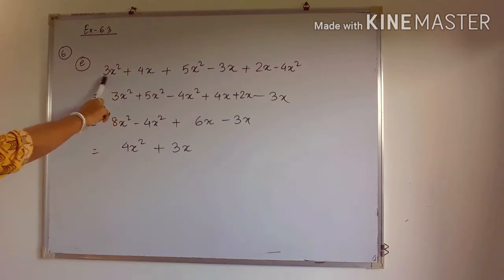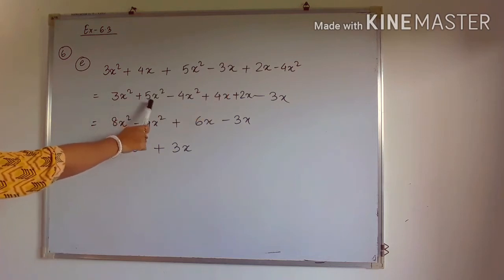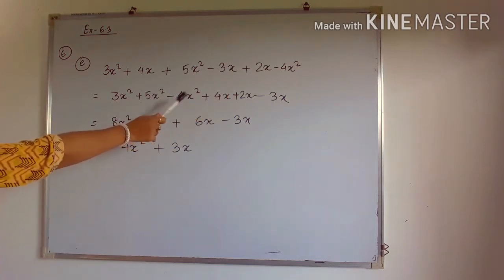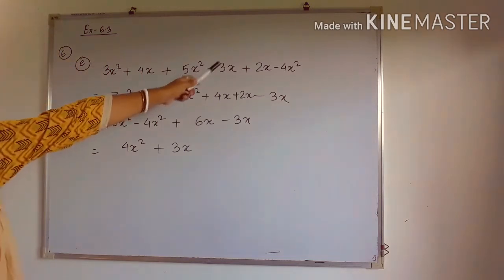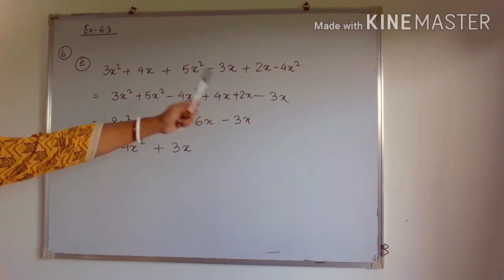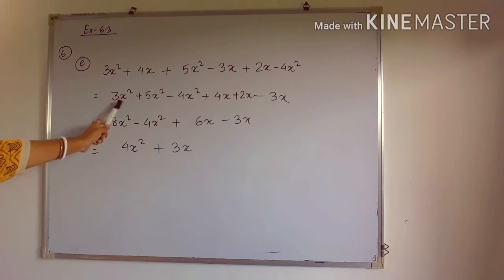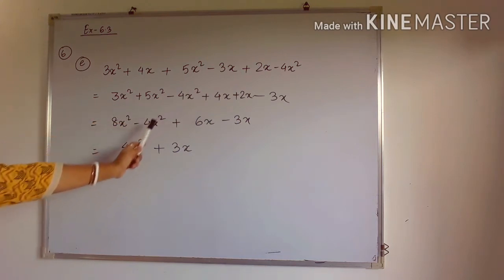The like terms are 3x square, 5x square and minus 4x square, so 3x square plus 5x square minus 4x square. Next the like terms are 4x, minus 3x and plus 2x, so I have written 4x plus 2x minus 3x. See, 3x square plus 5x square is 8x square.